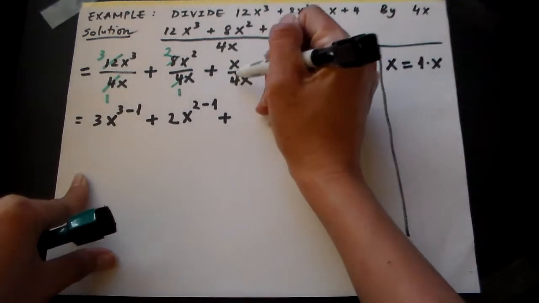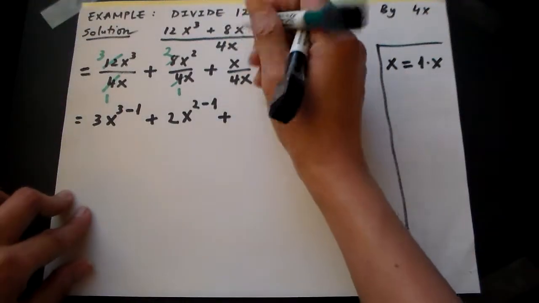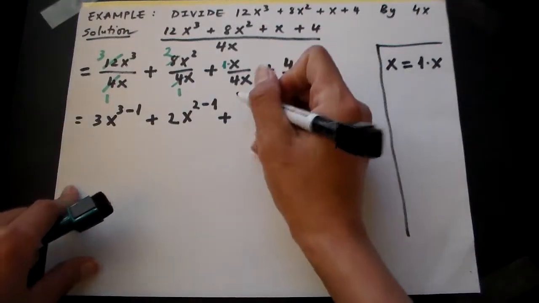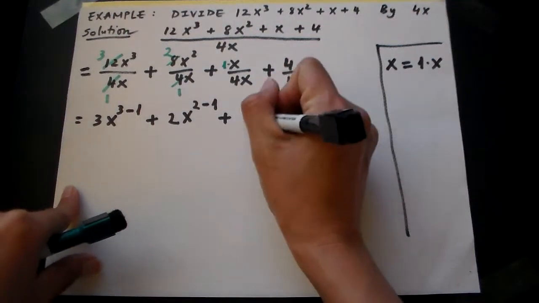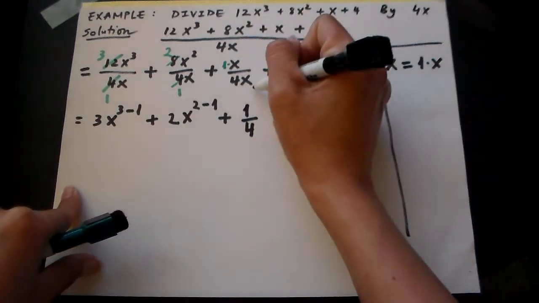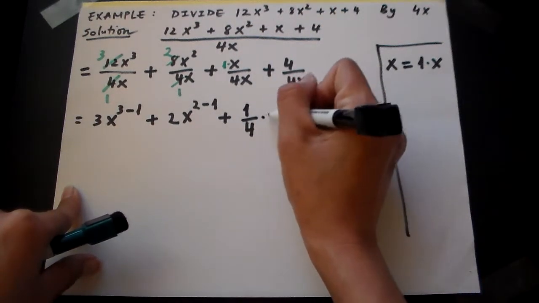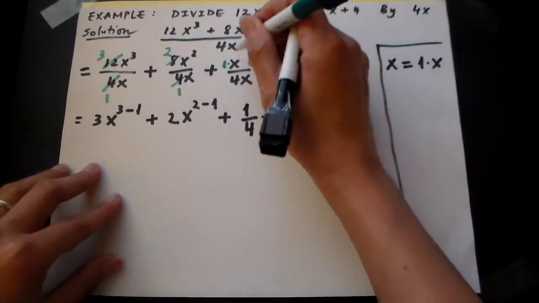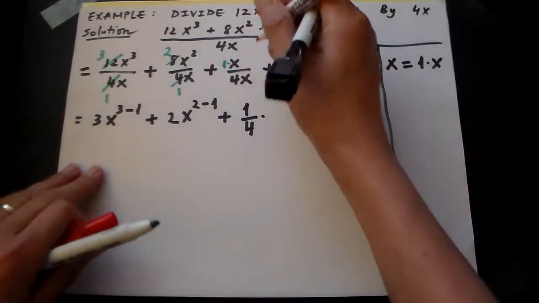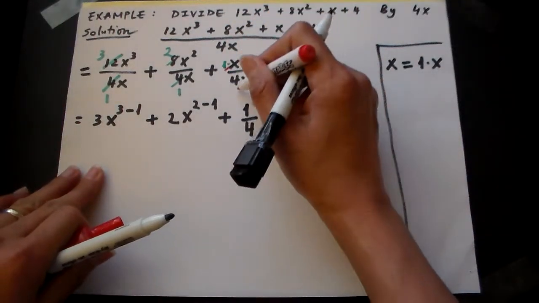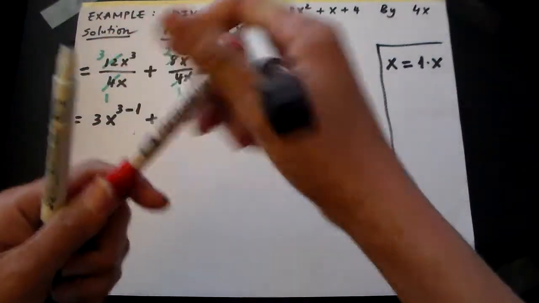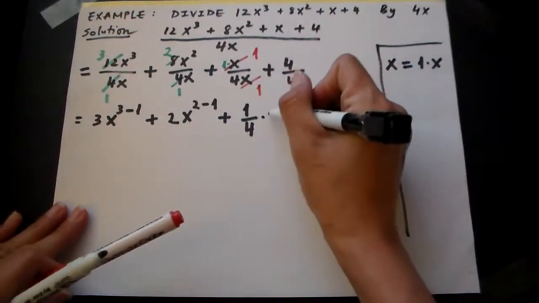So 1 divided by 4 is what? 1 divided by 4, you are left with a fraction, 1 divided by 4. x divided by x, you're left with 1 divided by 1. So 1 divided by 1 is 1.